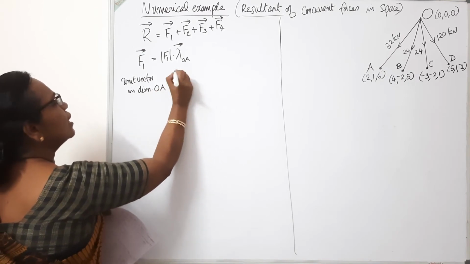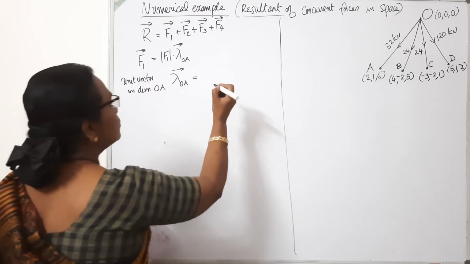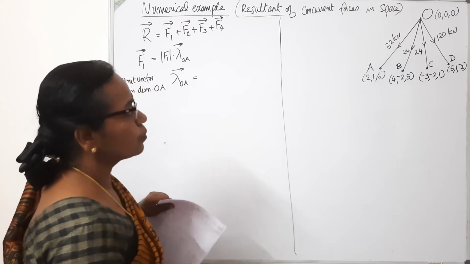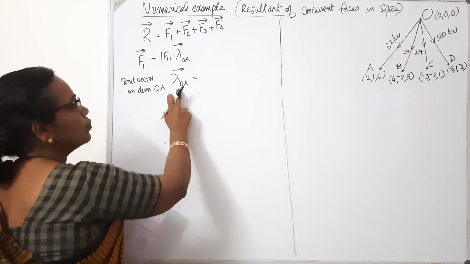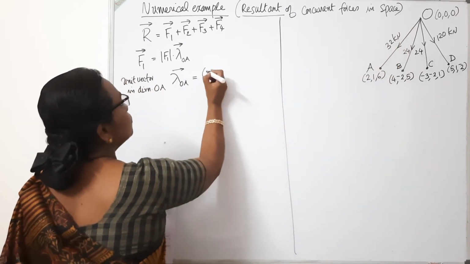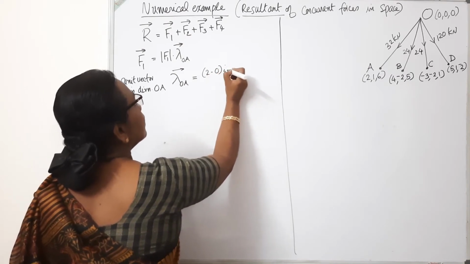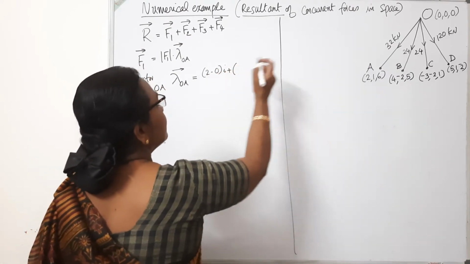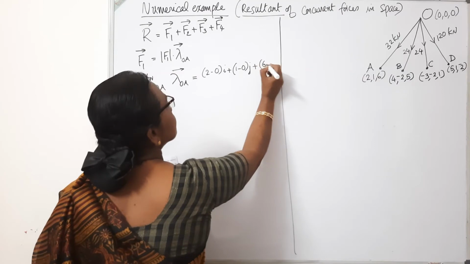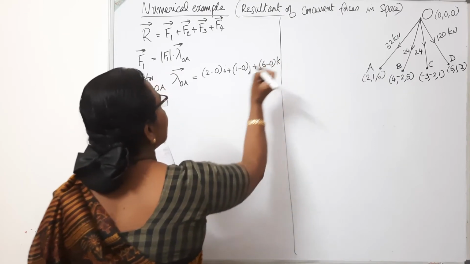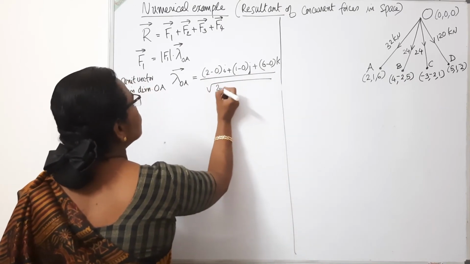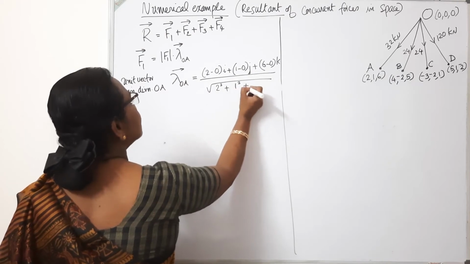Lambda OA. How will you find the unit vector? The unit vector is obtained as XA minus XO. So the second letter is A, the first one is O. So 2 minus 0 i plus 1 minus 0 j plus 6 minus 0 k, divided by the square root of 2 squared plus 1 squared plus 6 squared.